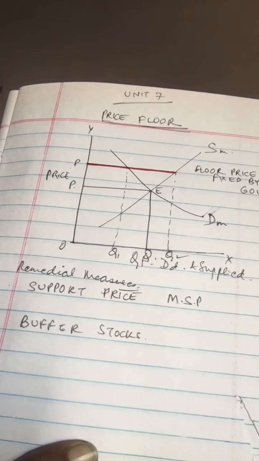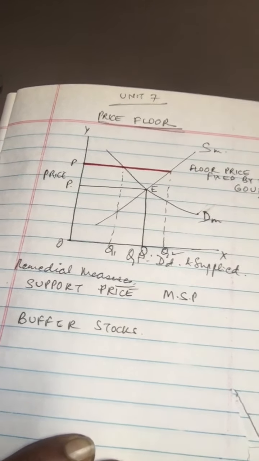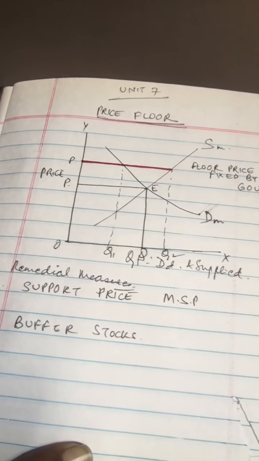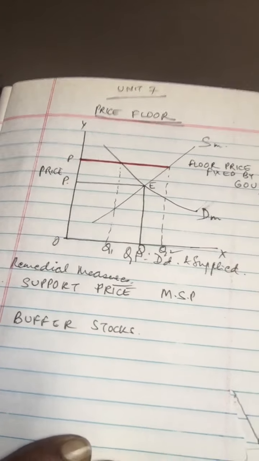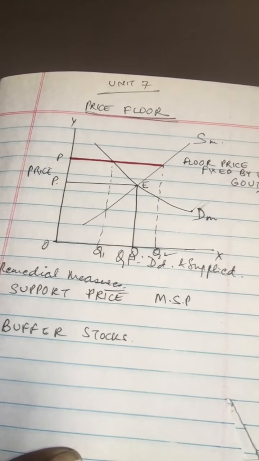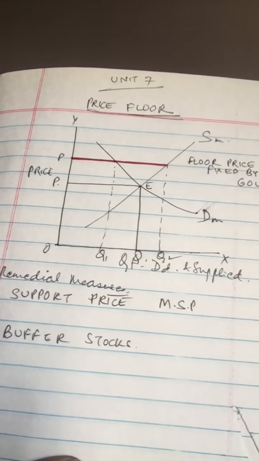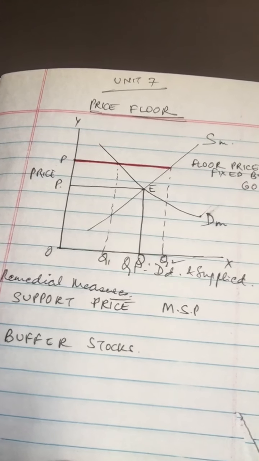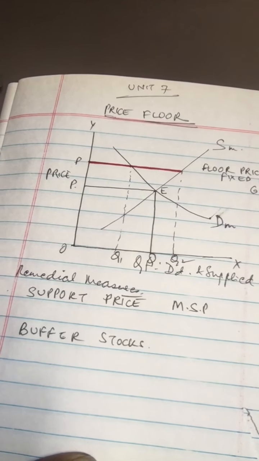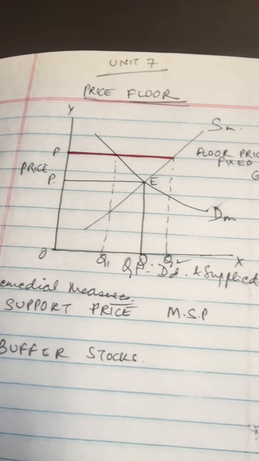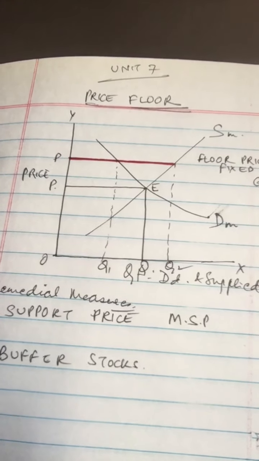So in fact, floor price is a synonym used for support price. So you can get a question as to what are the remedial measures for floor price? The remedial measure is buffer stock, because it's a very essential component of the food security system.